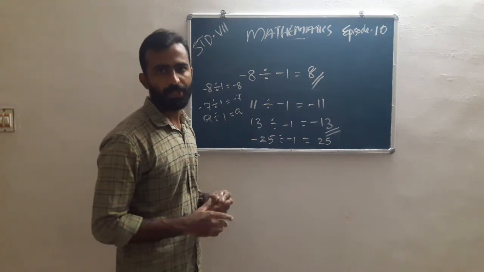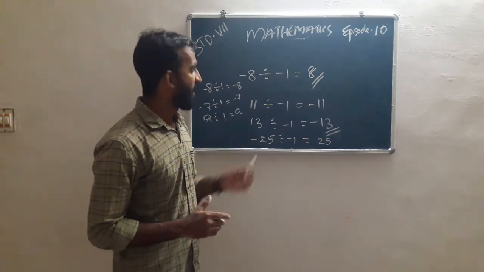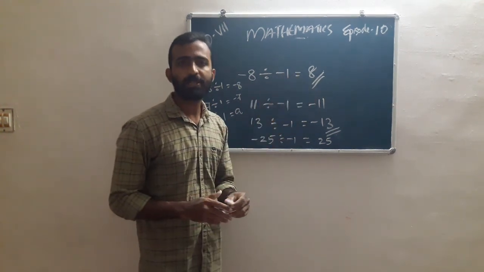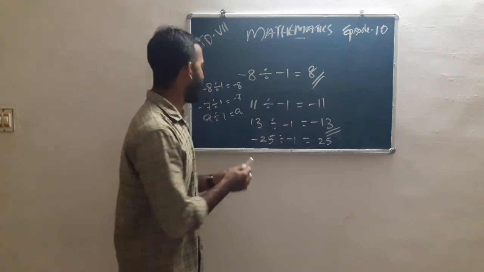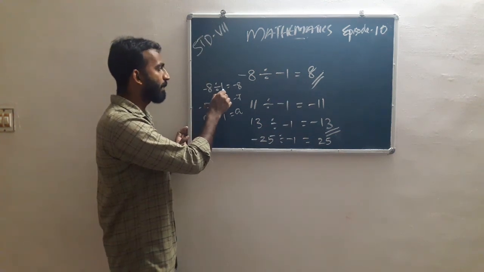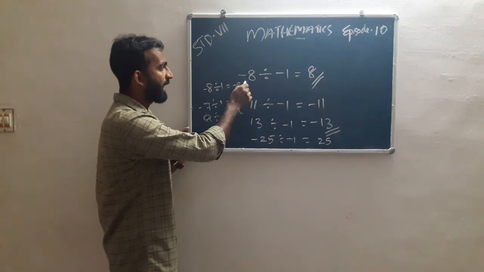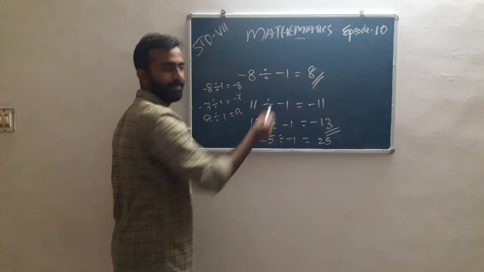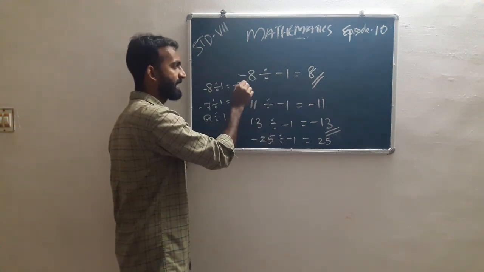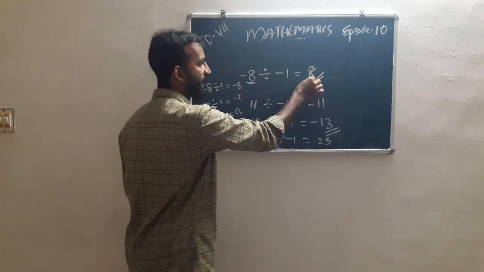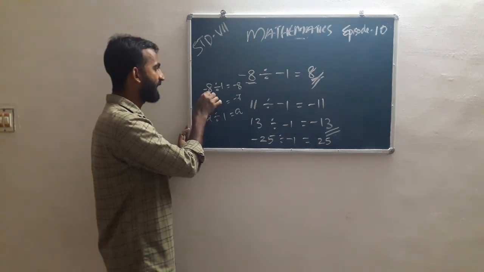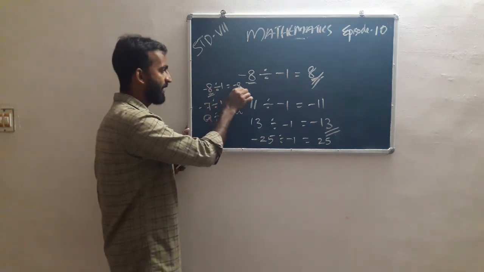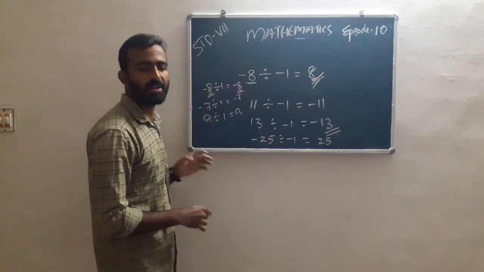But when we divide by negative 1, we don't get the same integer. Negative 8 divided by negative 1 gives 8, but negative 8 divided by 1 gives negative 8, which is the same.